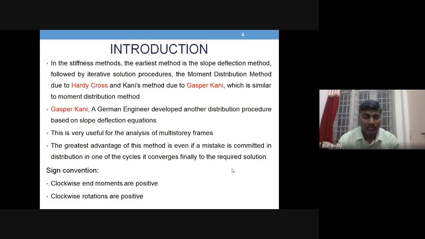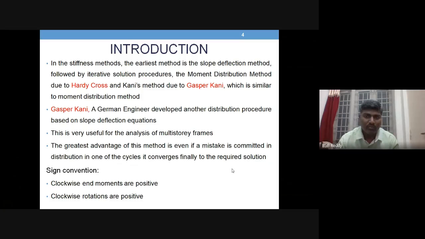Now, in Structural Analysis 2, we have discussed the moment distribution method, where the slope deflection method is made easy by an iterative procedure by Hardy-Cross, and the name of his method is the moment distribution method.